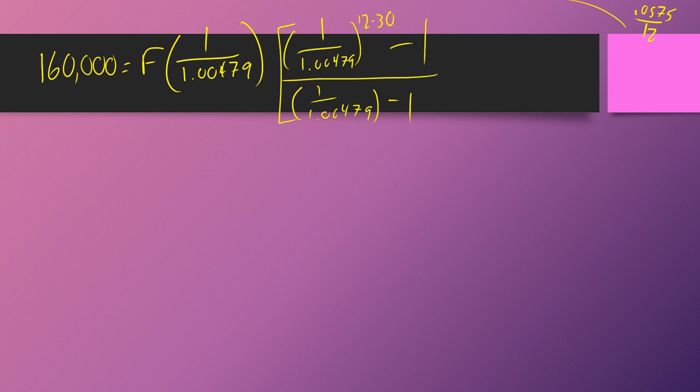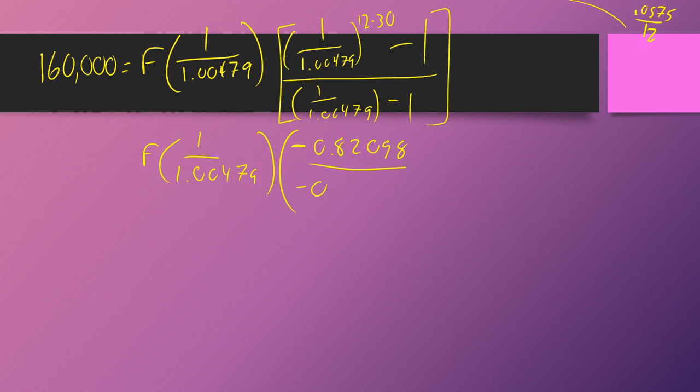And now after that, we're going to start simplifying this. So again, this stays the same, 1.00479. This becomes negative 0.82098 all over negative 0.004767.